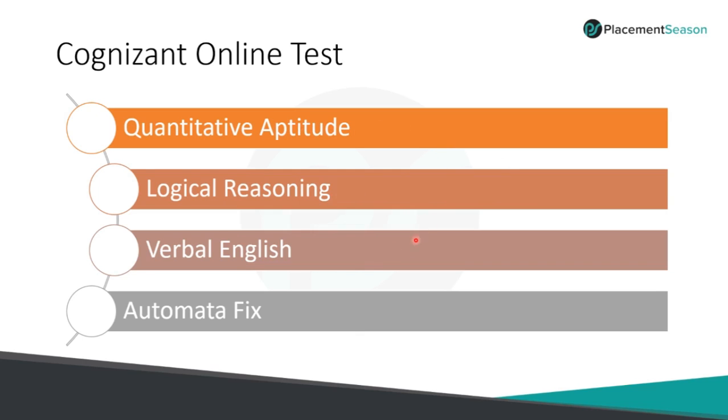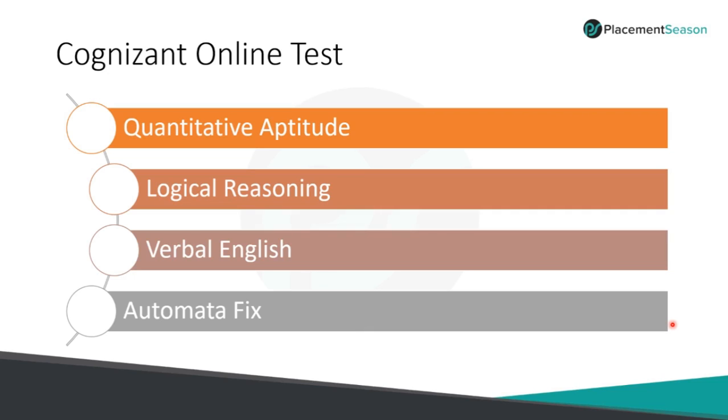In 2018, Cognizant revised its test pattern and included a section called Automata Fix. This section is there because it wants to test the programming skills of its candidates. It recruits candidates for a programming position and expects its employees to have a basic idea about programming before getting into the company.